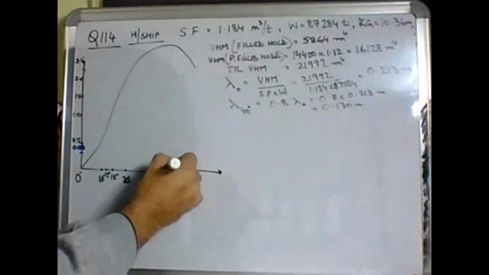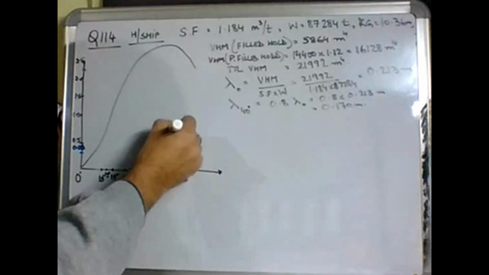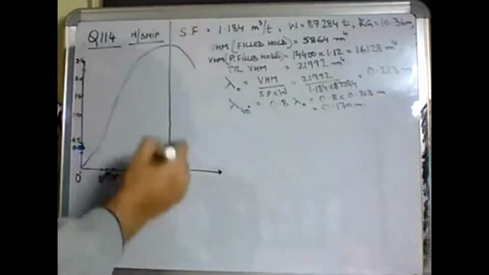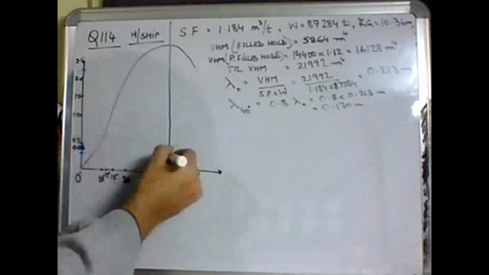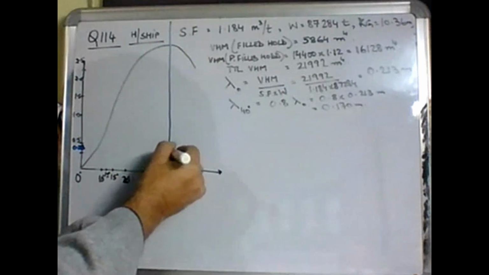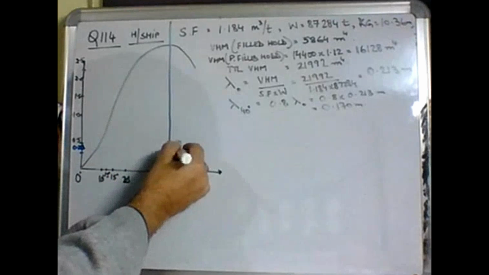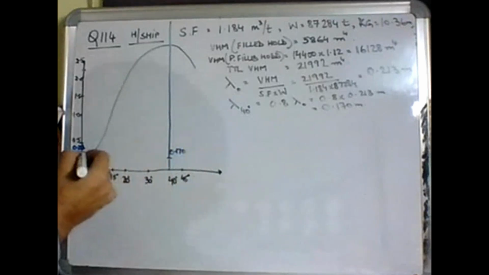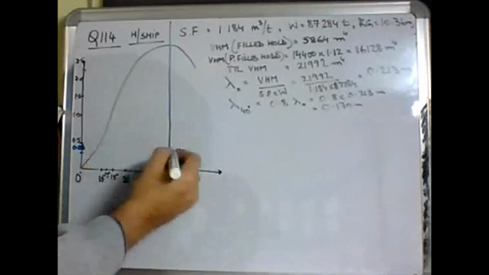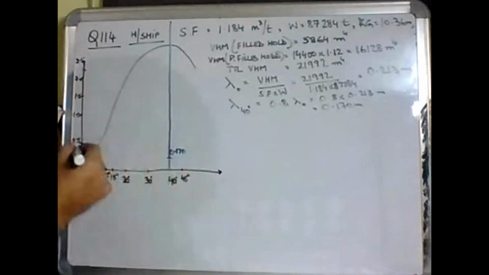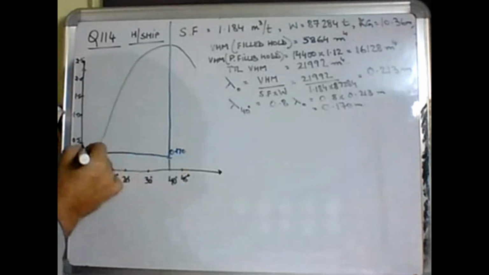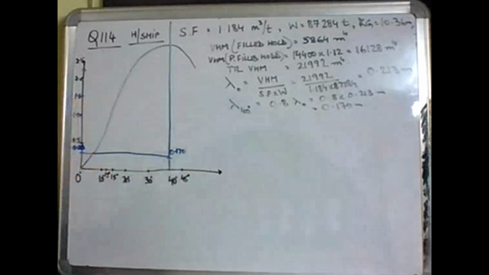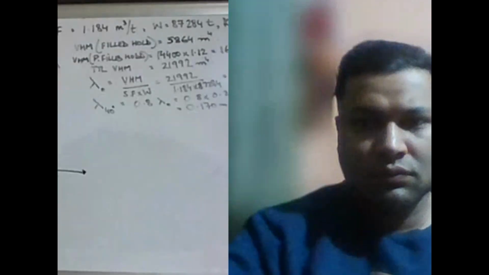So on 40 degrees, I look for 0.17 on the same scale. I join these two lambda values. This is lambda 40, this is lambda 0. This is my healing lever or healing arm curve.